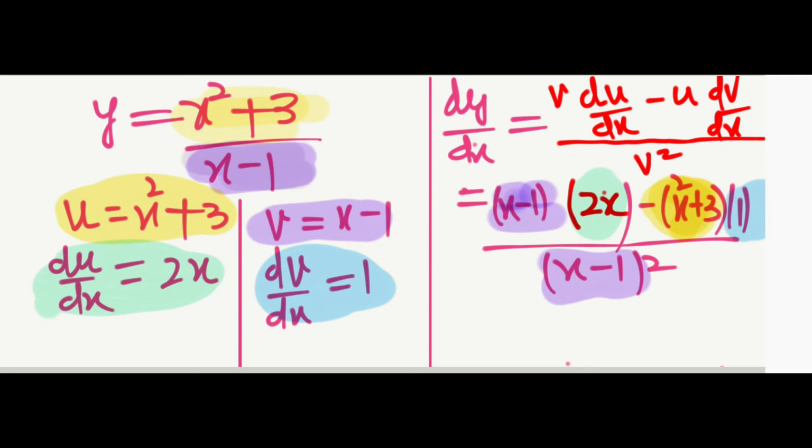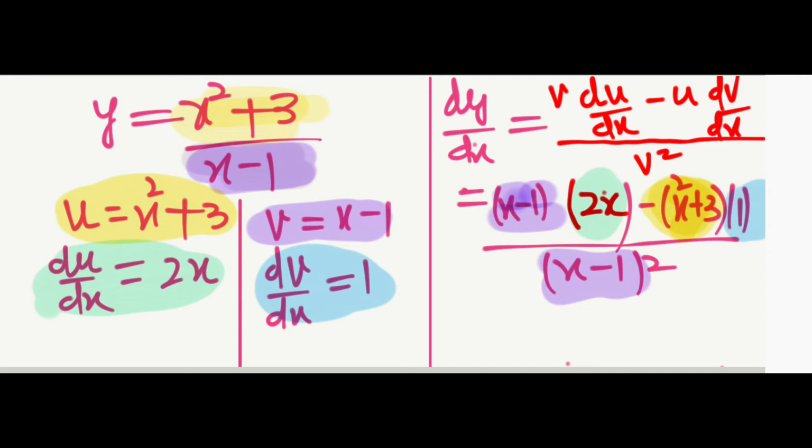Then minus, and again the u function in yellow color, which is x square plus 3 in the brackets, and further the derivative of v with respect to x in light blue color, which is 1. Upon, in the denominator we have v square, and the v function is x minus 1 in purple color and its whole square, because in the formula it is not v but it is v square.